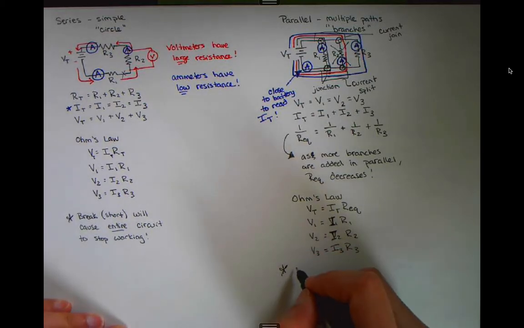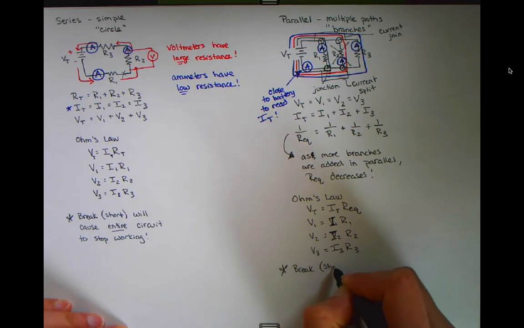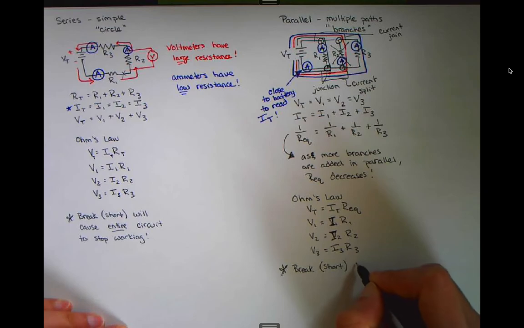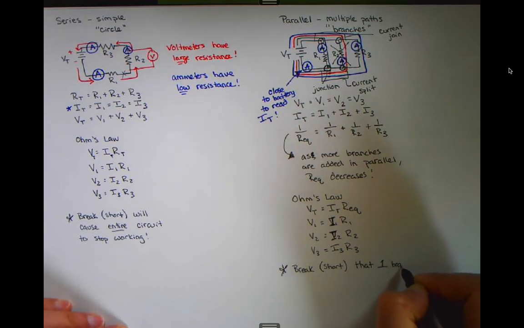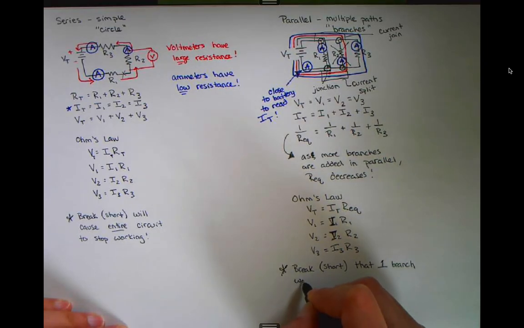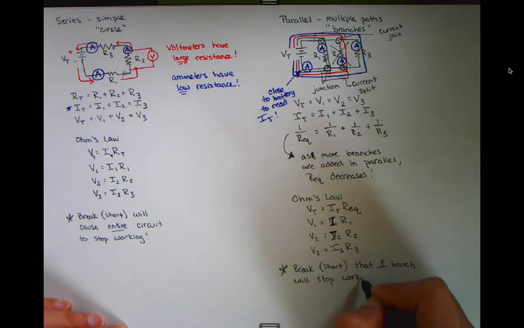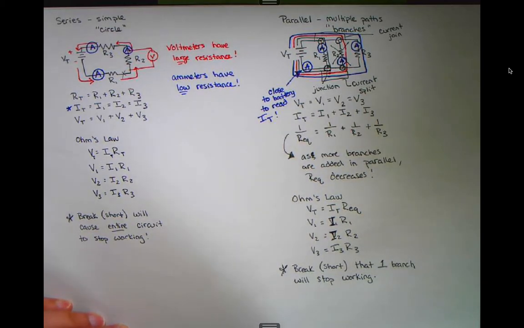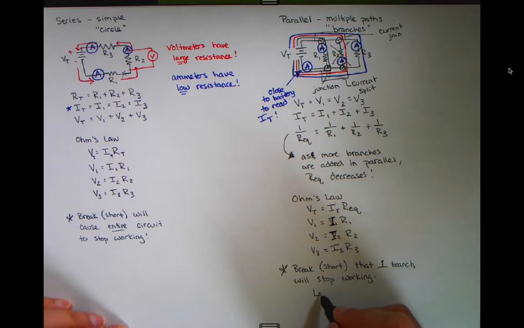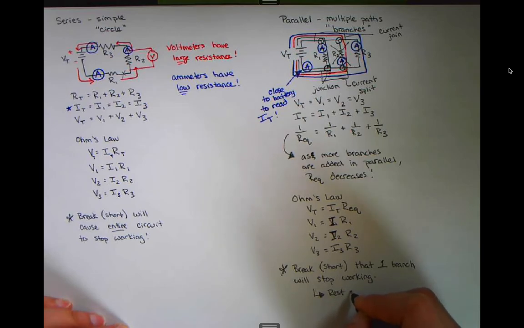So in a parallel circuit, when you have a break, that one branch will stop working. So if that one branch stops working, what happens to the rest of the circuit? It remains working, right? So if those are light bulbs, then they will stay lit.